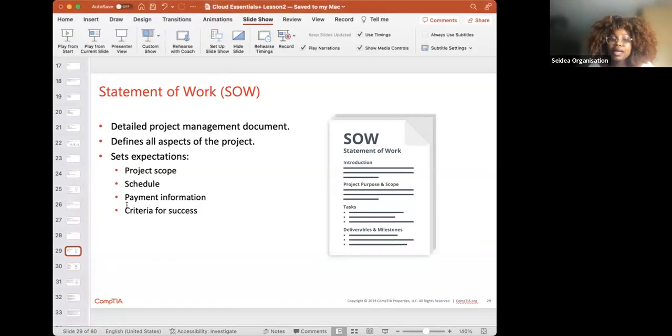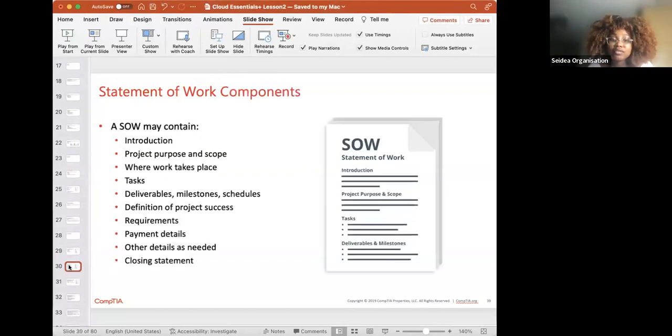And again, you want to be able to set expectations for your project scope, your schedule, your payment information, and criteria for success. Now, going back into the details of this, I talked about the introduction, the project purpose and scope, where the work takes place, which is location, the tasks, and your deliverables, milestones, and schedules. When we're looking at the definitions of project success, it's the criteria determining the project success, essentially what the name implies.